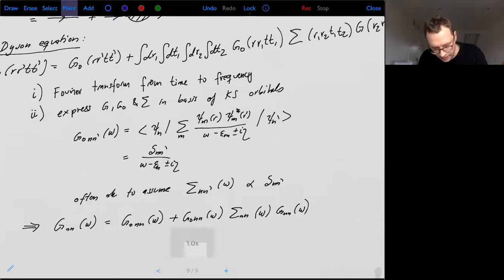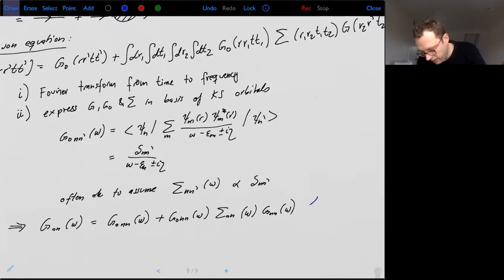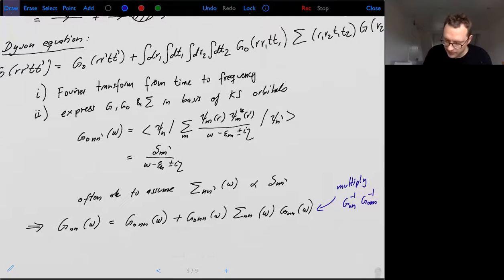Now we can simplify this even further by multiplying both sides by G_nn inverse and G0_nn inverse, the product of the two inverses, and rearrange things a little bit.